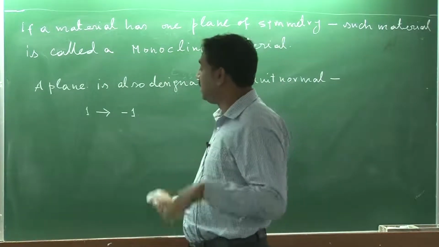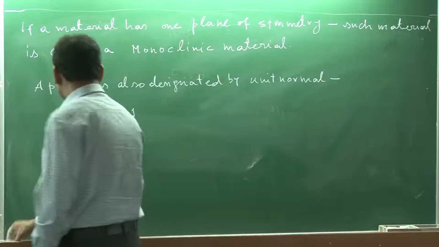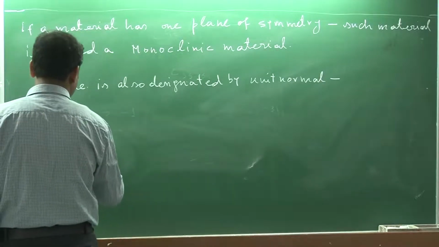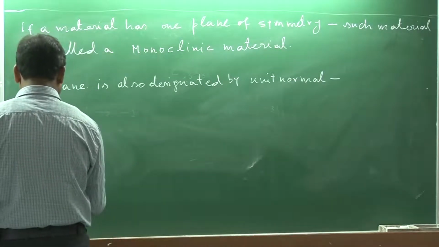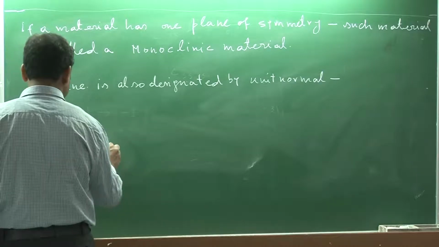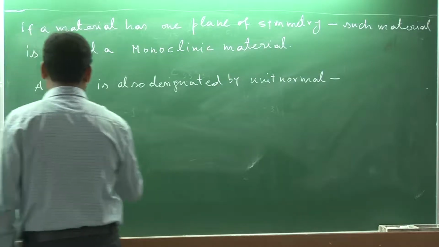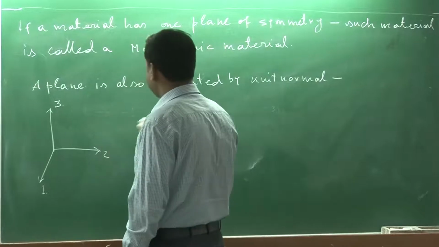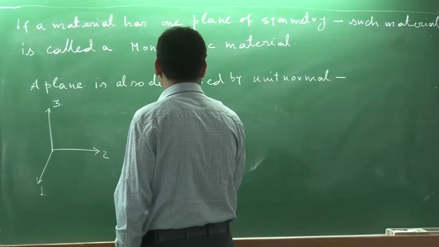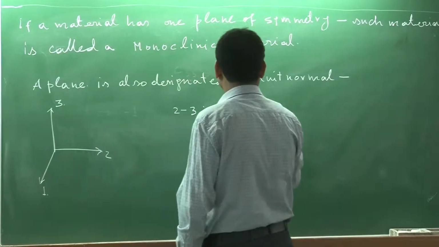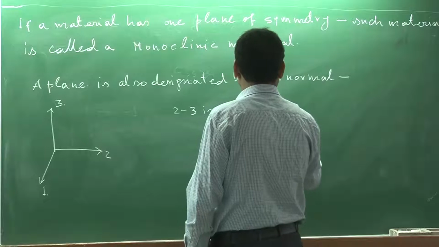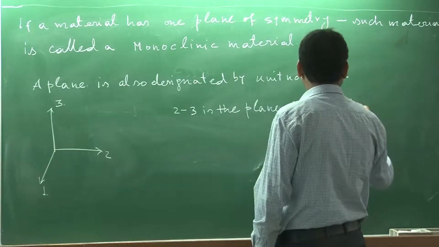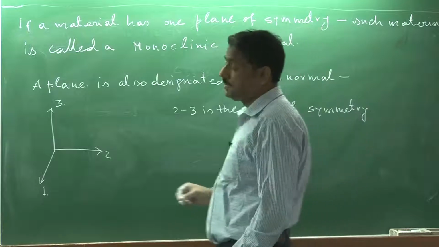Maybe this is 1, this is 2, this is 3. So, when I am considering 1, the 2-3 plane is the plane of symmetry.